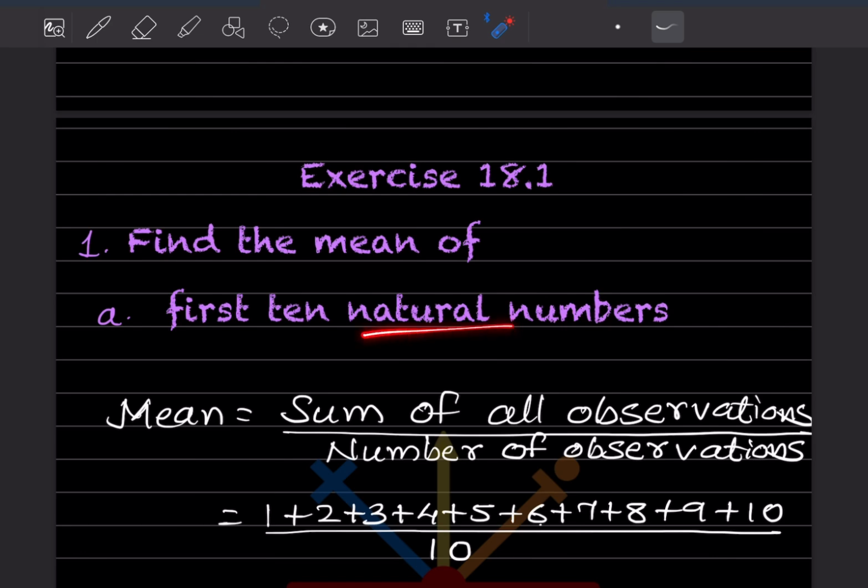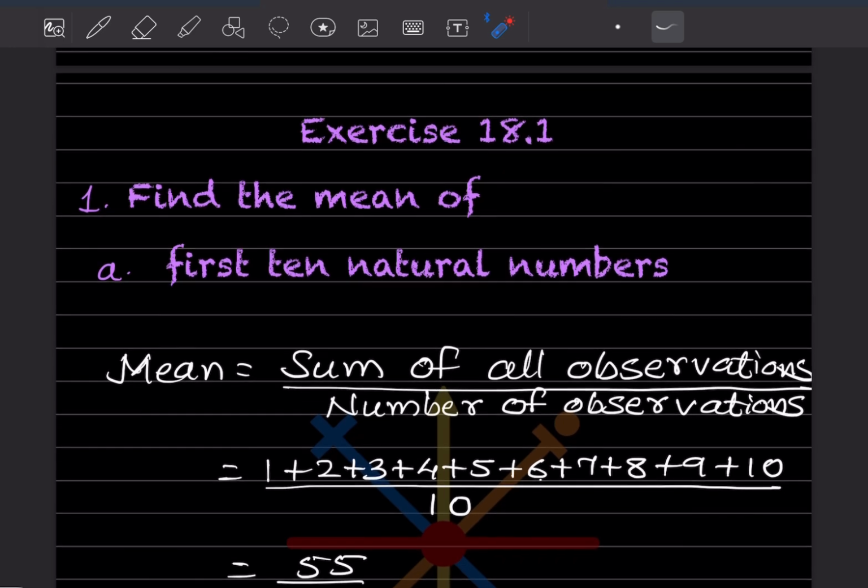Now see the formula for the mean: sum of all observations divided by the number of observations. The first 10 natural numbers means we start with 1. Sum means we add 1 plus 2 plus 3, 4, 5, 6, 7, 8, 9, 10. The number of observations is 10, so we write divided by 10.